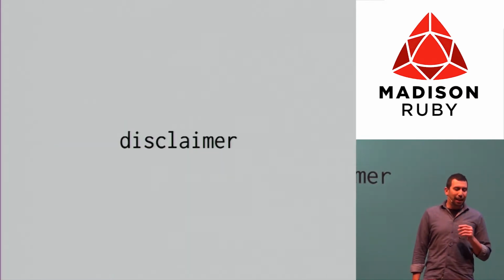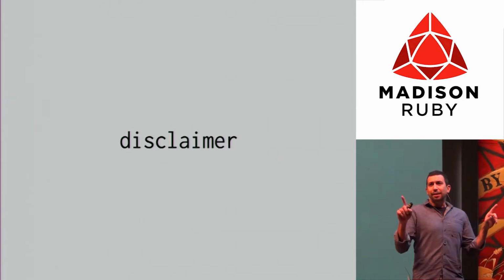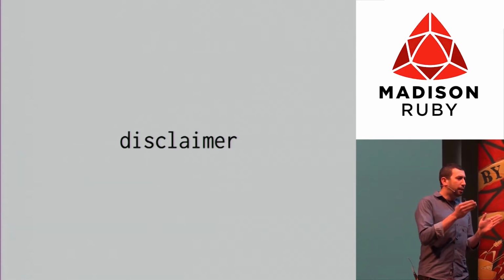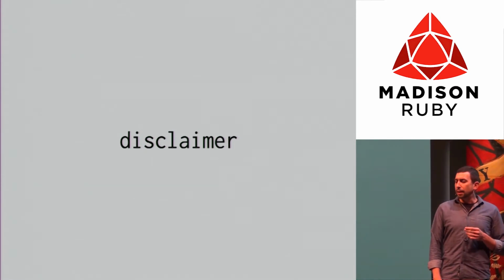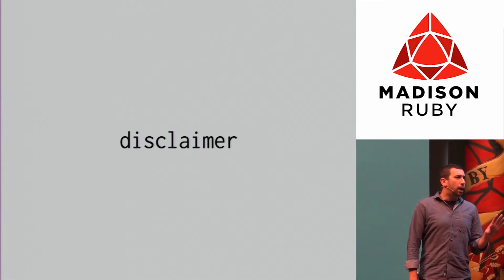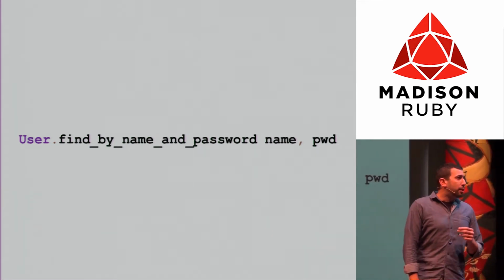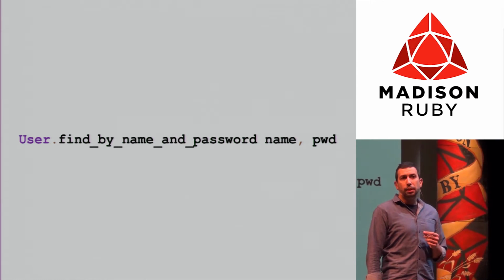Disclaimer: there are some uses of method_missing that are not controversial. If you don't know what method_missing is because you are new to Ruby, I will try to explain it soon. Meanwhile, if you do know what it is, stuff like this, for example, is dynamic finders from Rails: find_by_name_and_password.